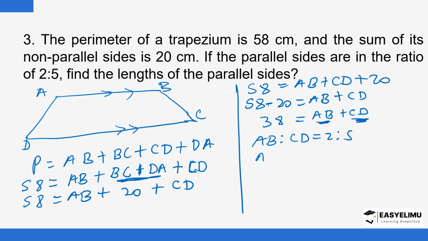So AB is equal to 2/7 times 38. What is this going to be? This is going to be 76/7, which is going to be what in decimals?